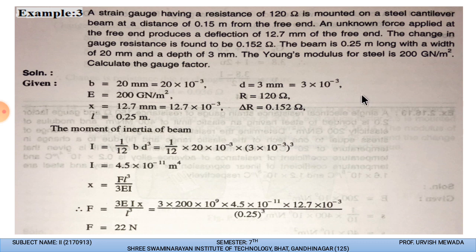One portion is fixed with the pole, and the second end is floating in the air. At the point floating in the air we are applying the stress, and we will check the gauge factor of the strain gauge.